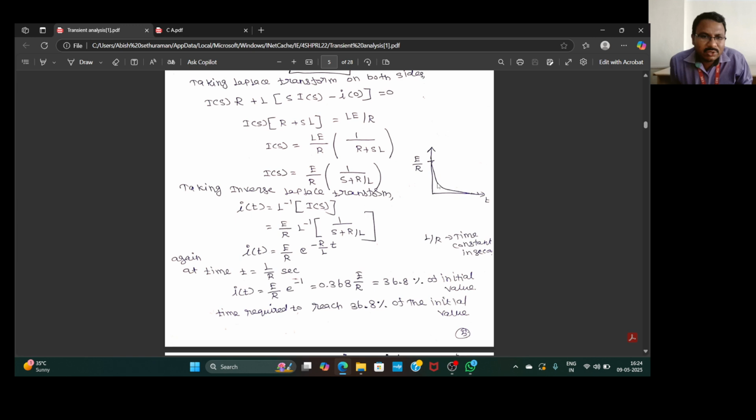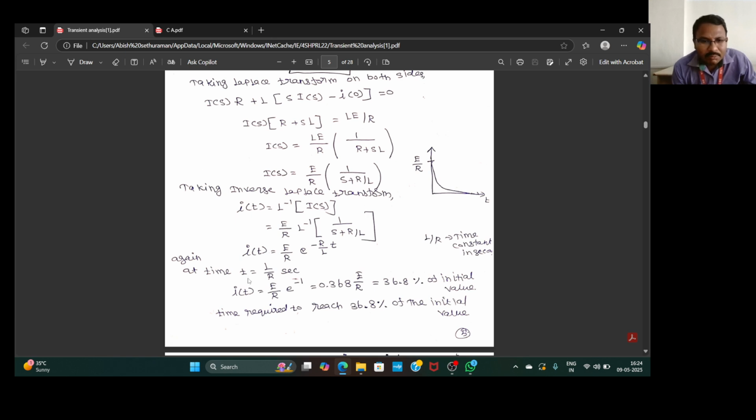This is the waveform for time versus current. Then after taking inverse Laplace transform, I of t equal to L inverse of I of S. I of S was already obtained in the above equation, so we substitute that and obtain I of t equal to E divided by R e power minus R divided by L into t.